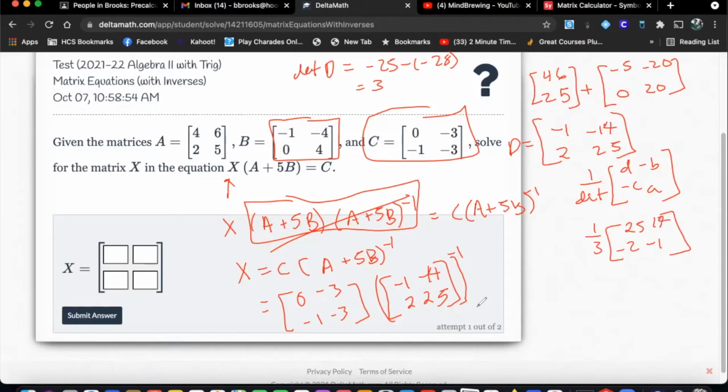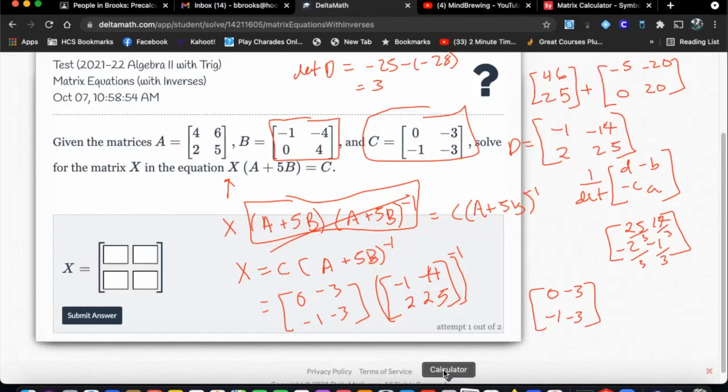So we're multiplying C, which is 0, negative 3, negative 1, negative 3, by this matrix where I multiply 1/3 by all of these terms. In other words, 25 over 3, 14 over 3, negative 2 over 3, and negative 1 over 3. That's just multiplying it out, so I can erase this negative 1/3 now.